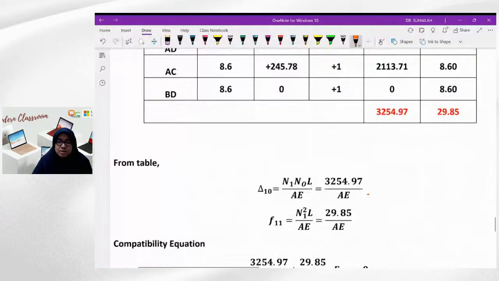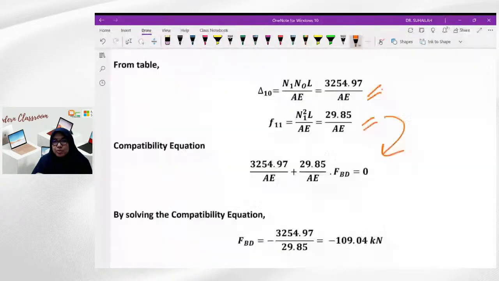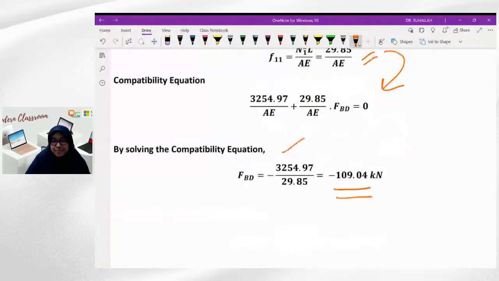This is the table, and I have calculated all the values. We have a column for N naught, N1, and this comes from the formula delta 1 naught, meaning N1 N naught. This is F11, of course we need it. So this is delta 1 naught and F11.